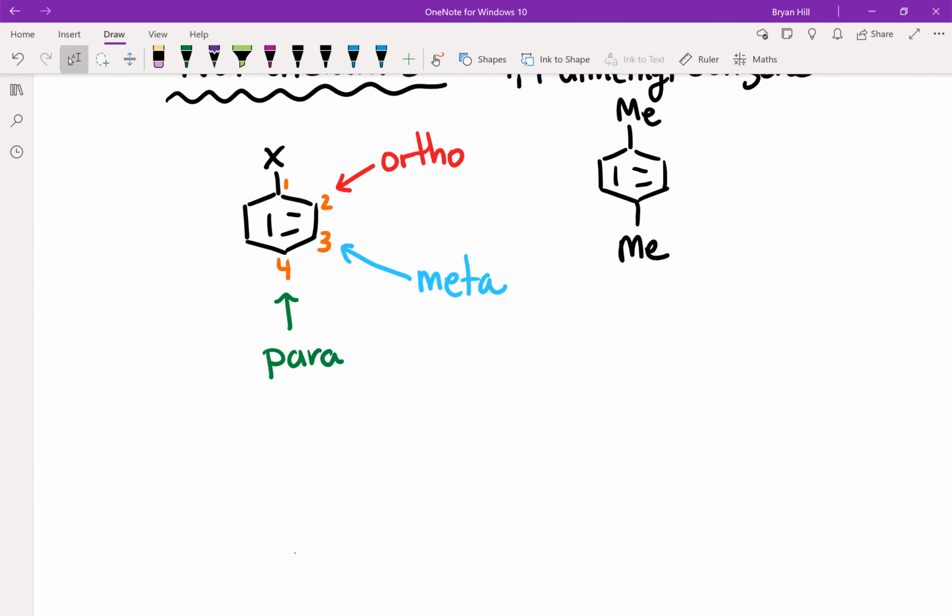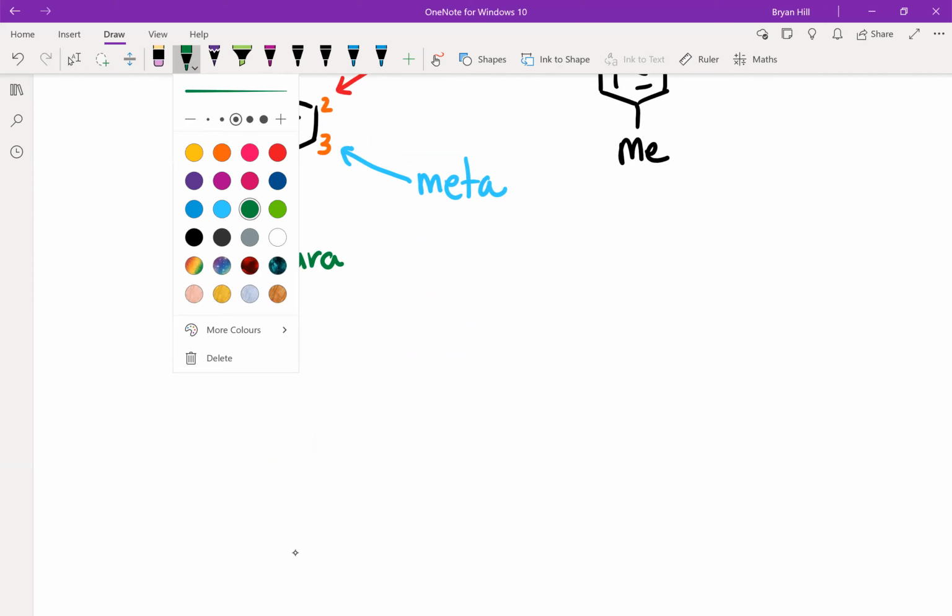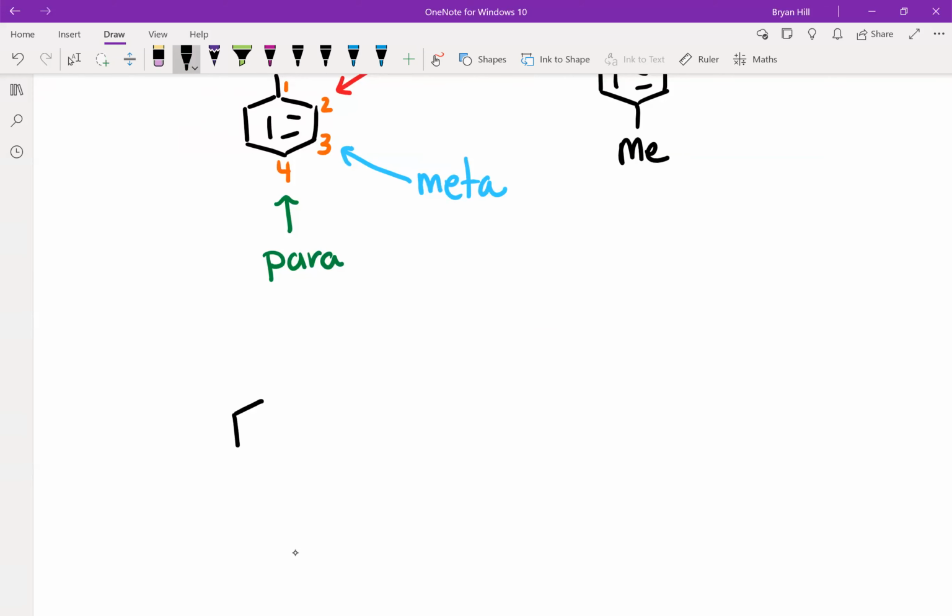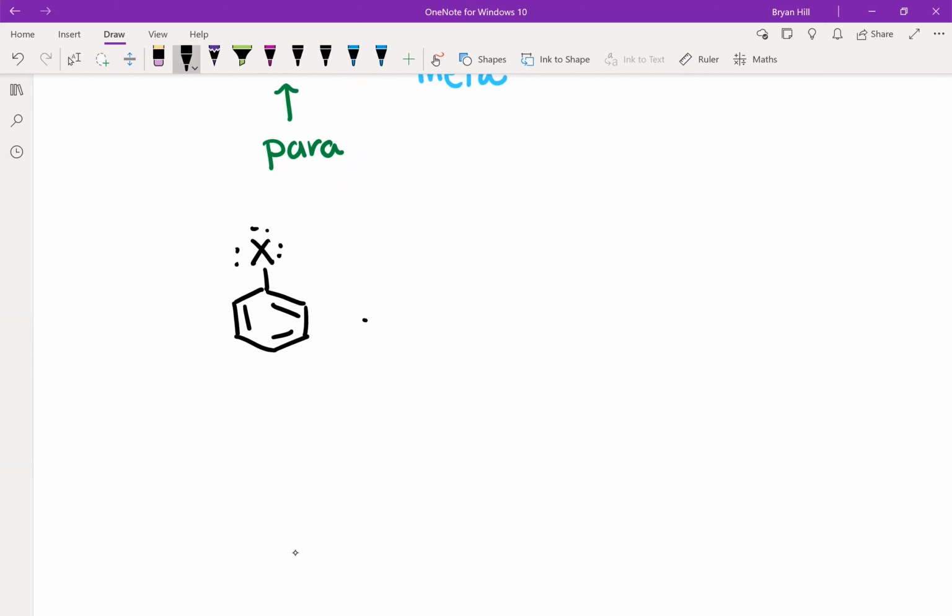I'm looking for some data here. Let's pretend that we've got an aromatic ring with a group here, position X. And then let's run a reaction here with HNO3 and H2SO4.